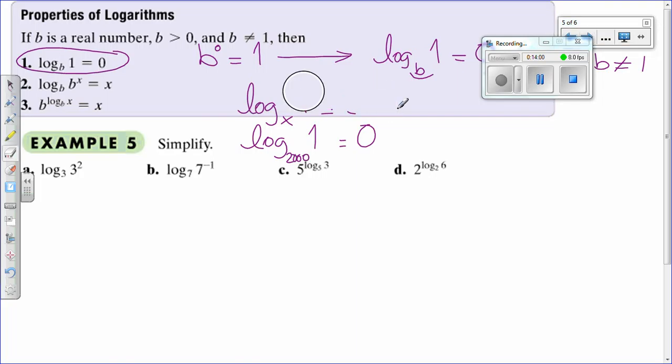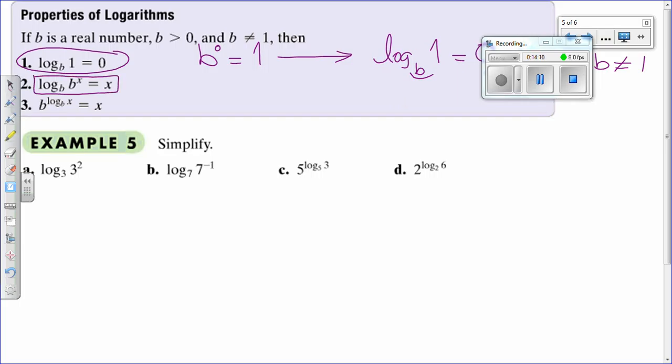Now let's go to the next rule. The next rule is the one that I already explained. So let me convert it to exponential, this quantity right here. And so that will be b to this power x is equal to this statement. Actually, what you take the log of is called the argument.